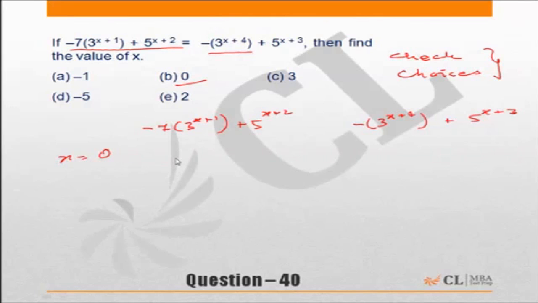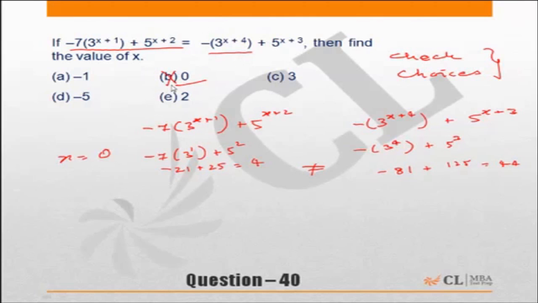Left hand side becomes minus 7 into 3 to power 1 plus 5 square, which is nothing but minus 21 plus 25, which is equal to 4. Right hand side becomes minus of 3 to power 4 plus 5 cube. 5 cube is 125. 3 to power 4 is 81. So minus 81 plus 125, which is 44. Okay. So obviously these are not equal. So x equal to 0 cannot be the answer.